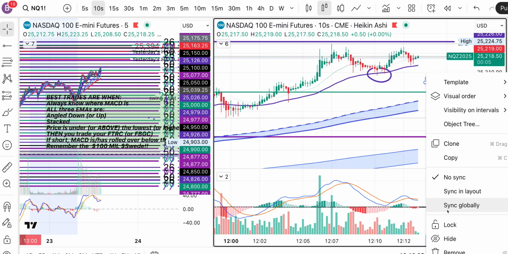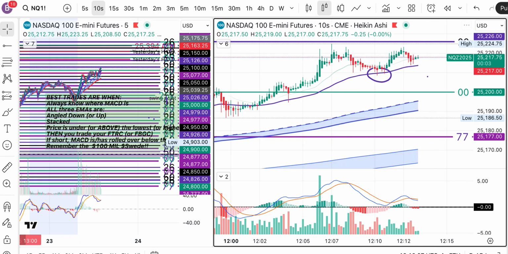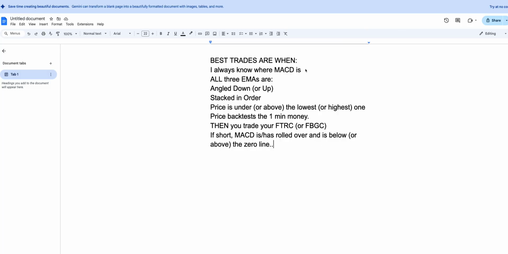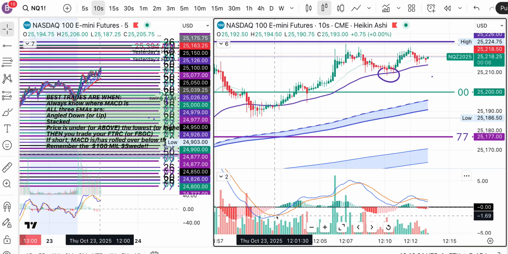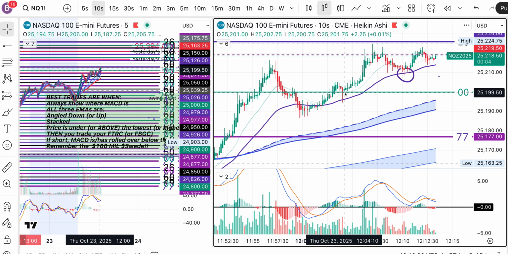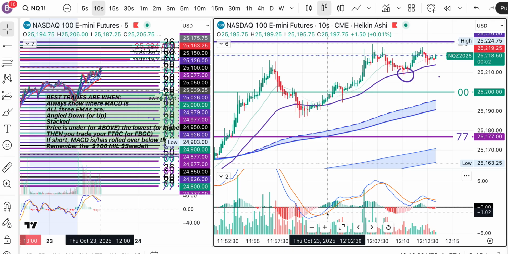So basically, that is it. I just want to go through that one more time. It's pretty simple, right? Always know where your MACD is. That's probably the number one thing. Let's say price is trending up and you're interested in longs, but the MACD is under the zero line like it was just a few minutes ago, like down here. That invalidated this trade here because MACD was too low, right?